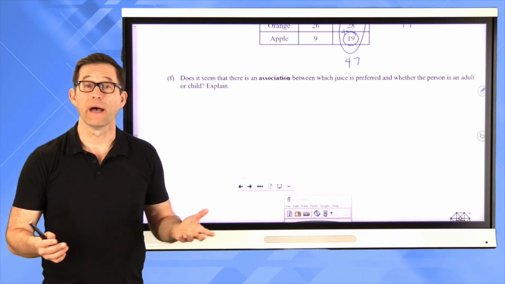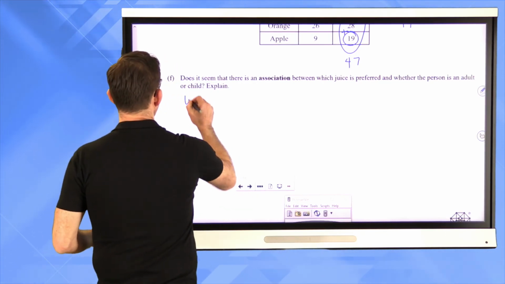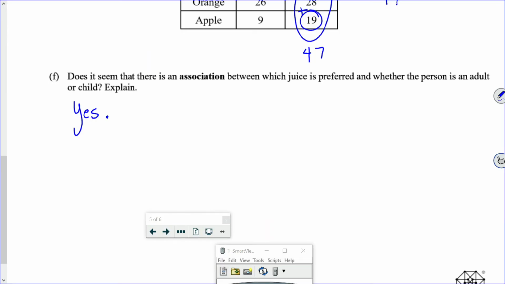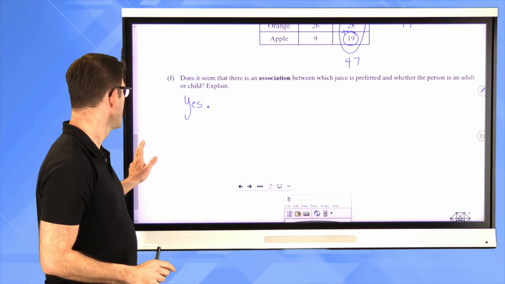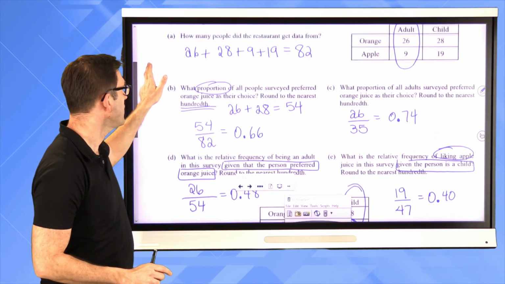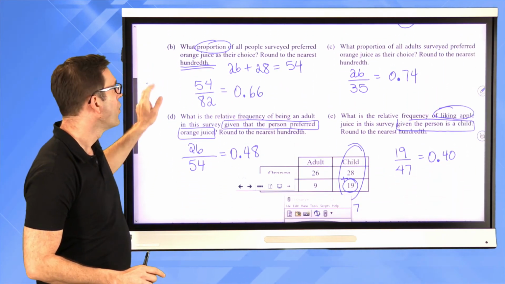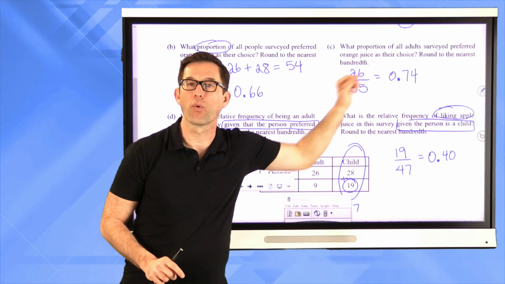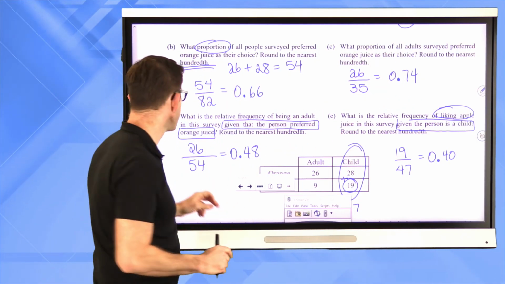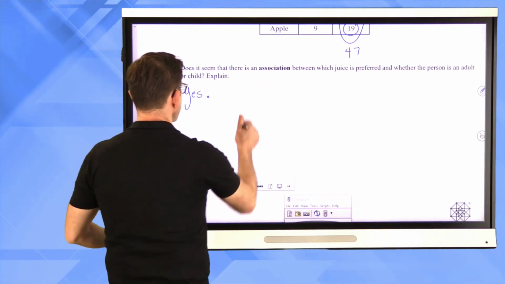And the answer is yes, okay? And we could take a look at a bunch of different things, but let's just consider orange juice for a second, right? Now this is a little bit tricky, but if I come up here, what I see here, what proportion of all adults preferred orange juice? 74% of all adults preferred orange juice.